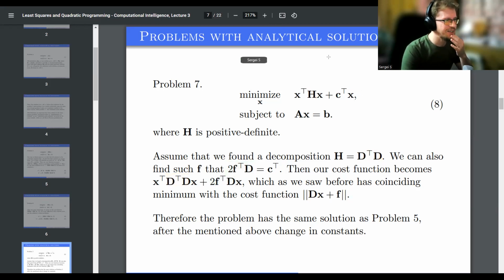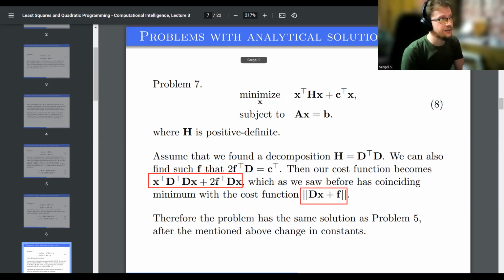What we can observe now is that this guy is exactly the same as this guy squared. If we find the square of this norm, it will be equal to this guy, plus F squared, F times F, plus F times F. And the minimum of this norm corresponds to the minimum of this function.